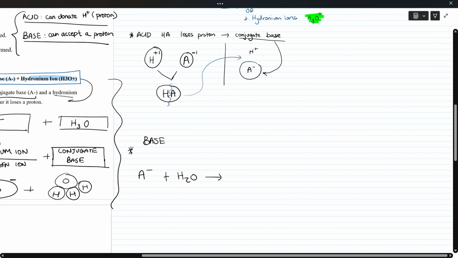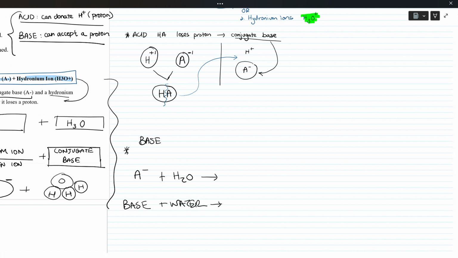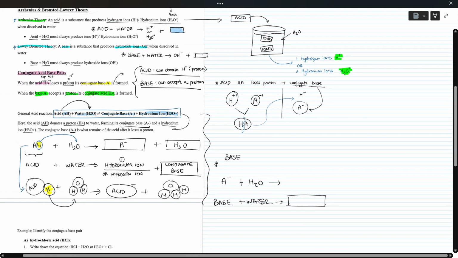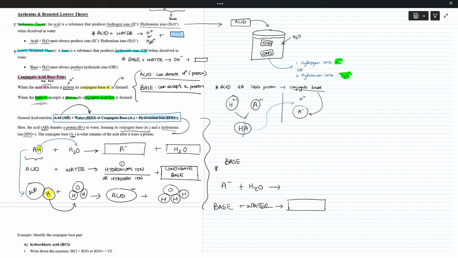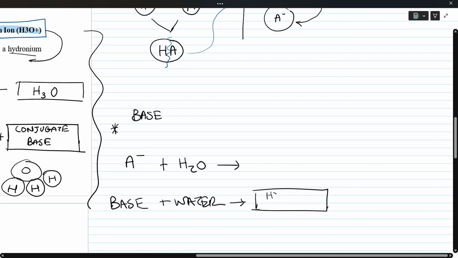So if you have a base plus water, you're going to form two things. Remember, let's go back to the previous. When you have a base here, it's firstly going to form the hydroxide ion. So you're always going to end up with the ion, but in this case, it's going to be the hydroxide ion.